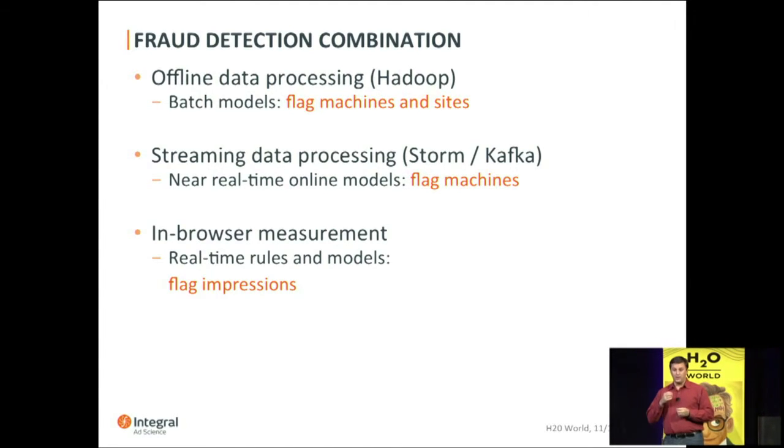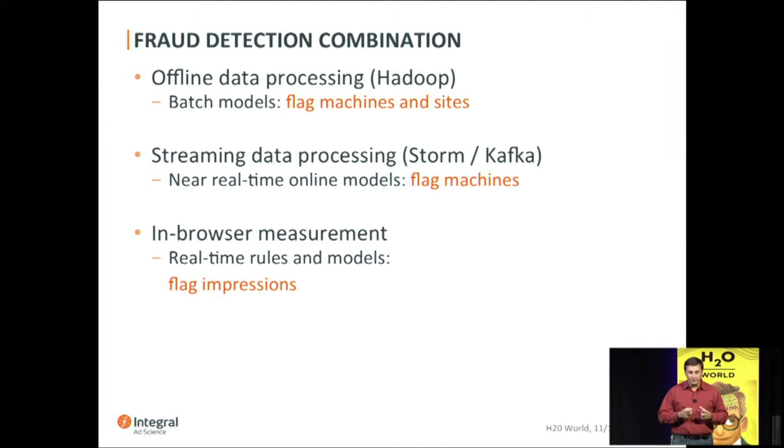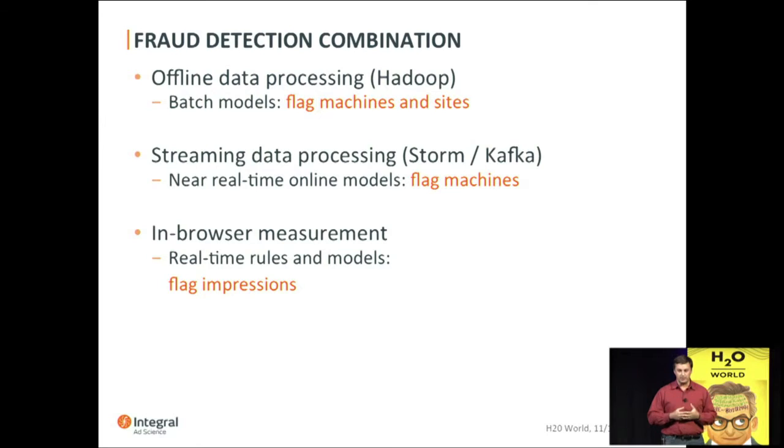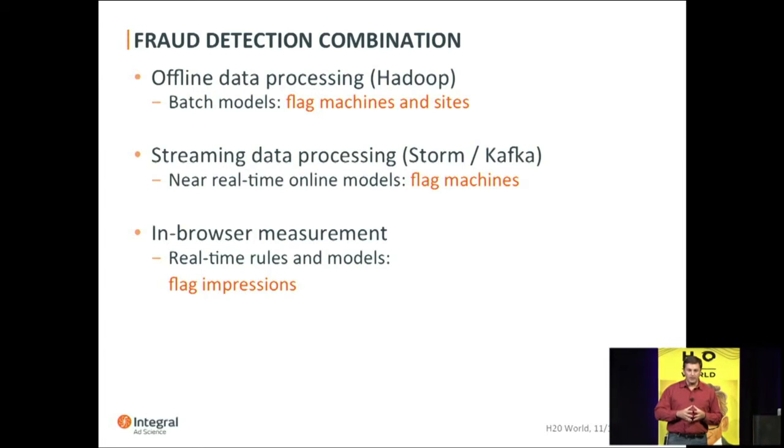And then finally, when our JavaScript runs in the browser, we can sometimes tell it's not a real browser by basically probing the browser itself and figuring out that we are being misled by the page.